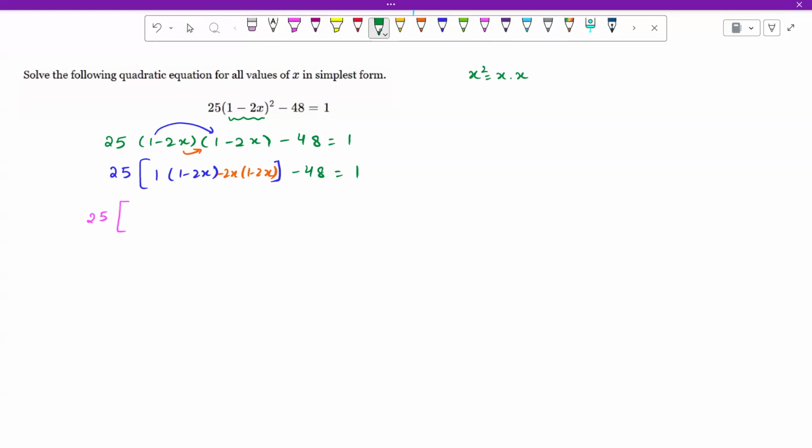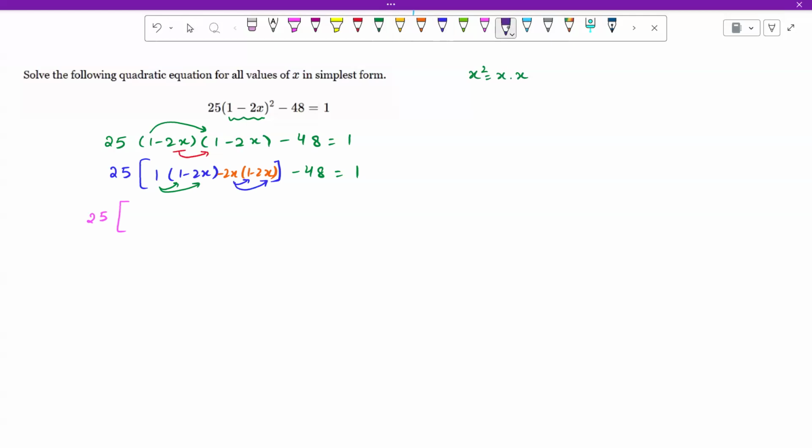So what we did over here is first we multiplied this 1 with this whole expression, and then this negative 2x with the whole expression. And now we are going to multiply 1 with both of these inside, that is distributing them, then negative 2x with both of them, that is distributing it.